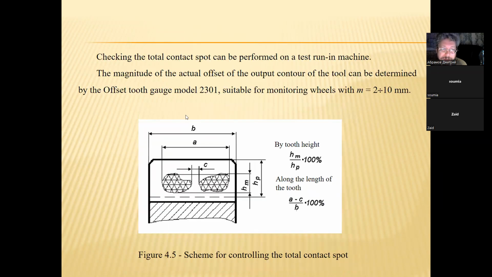Checking the total contact spot can be performed on a test running machine. The magnitude of the actual offset of the output contour of the tool can be determined by the offset tooth gauge model 2301, suitable for monitoring wheels with module from 2 to 10 millimeters. And there are schemes for controlling the total contact spot.